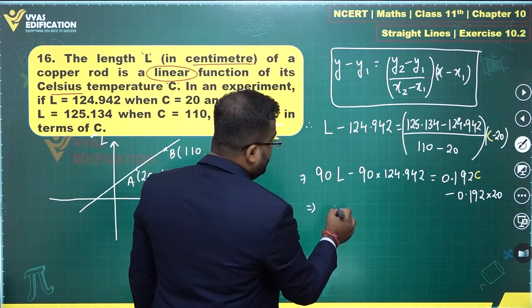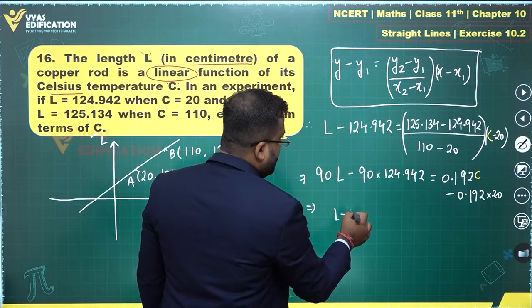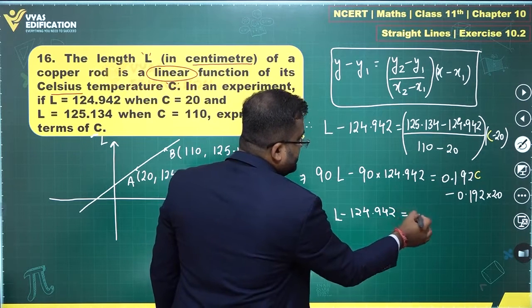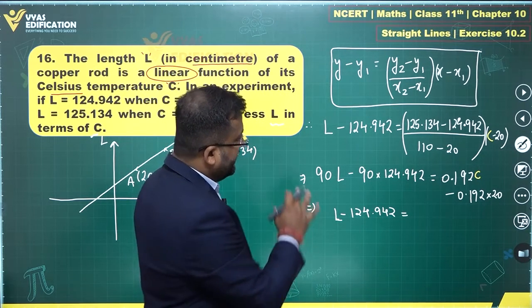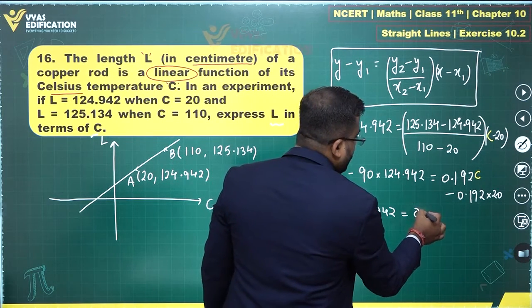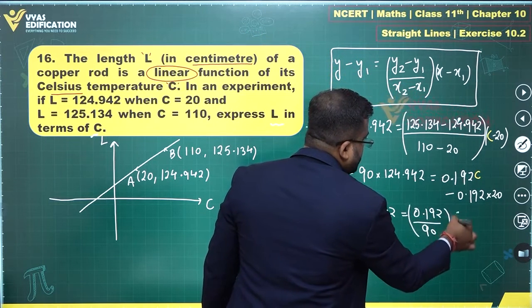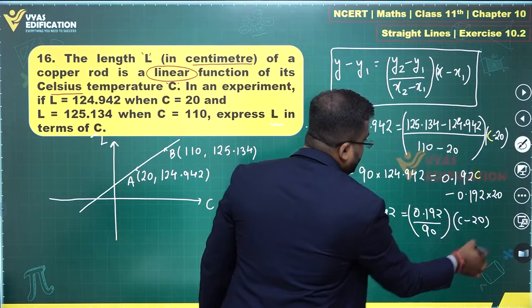So you have L minus 124.942. Let's rewrite it as, this is equal to 90 times this. So 90 will come in the denominator. 0.192 upon 90 times c minus 20. Let's write it as this.